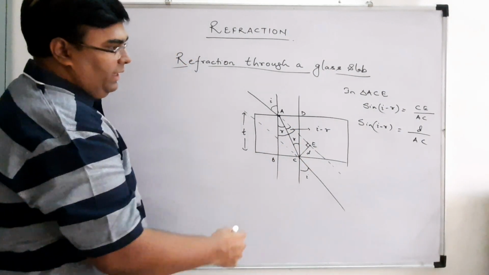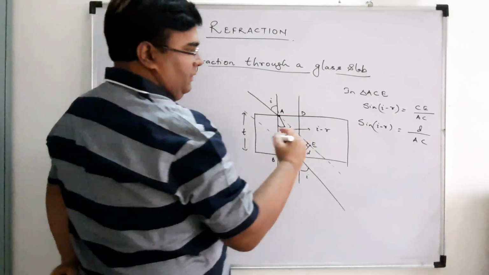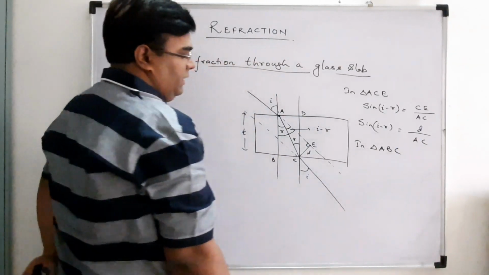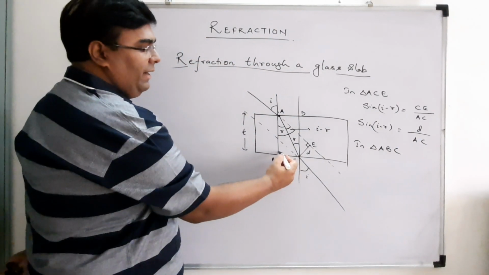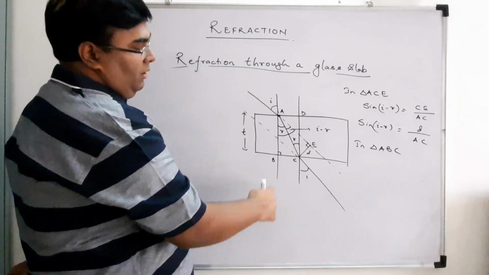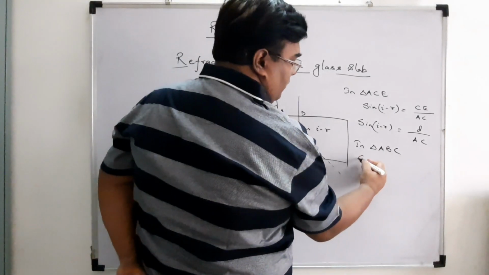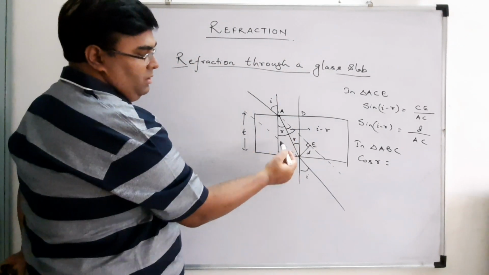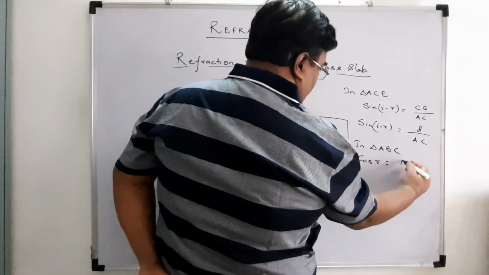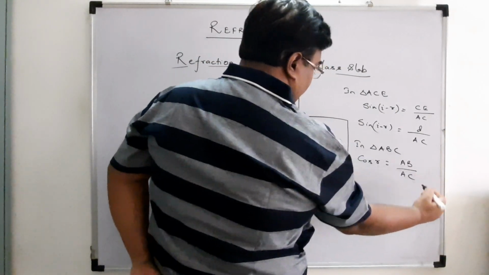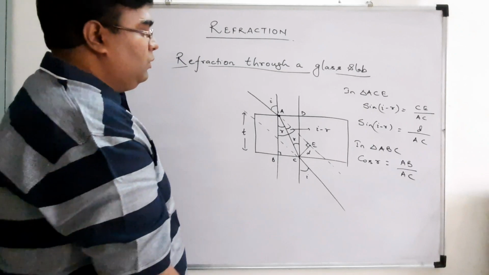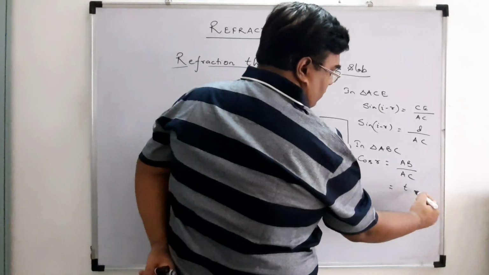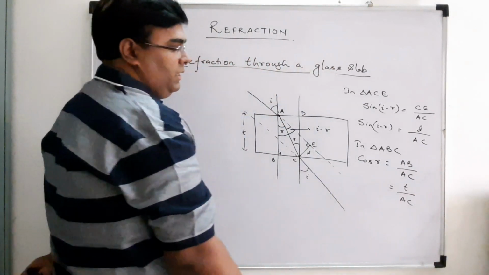So let us take the triangle ABC. In triangle ABC, again it is a right angle here, and we can take cos R. Cos R is what? Base upon hypotenuse, which is AB upon AC. Correct? What is my AB? AB is the thickness of the slab, so we can write T upon AC.